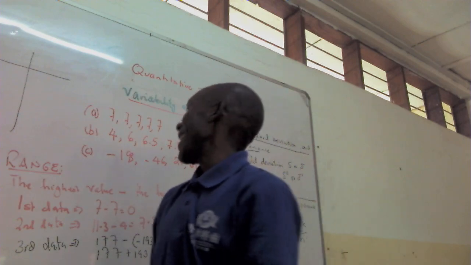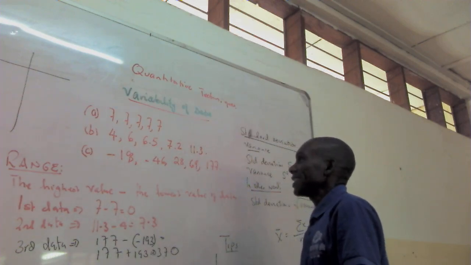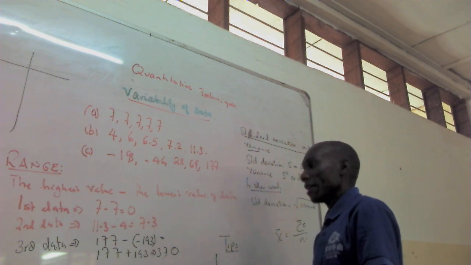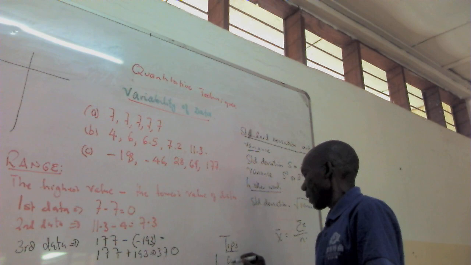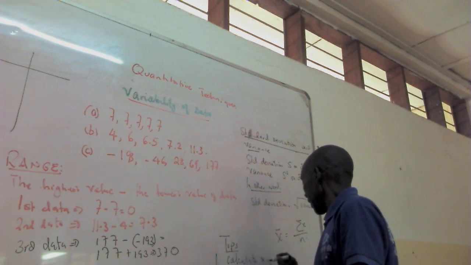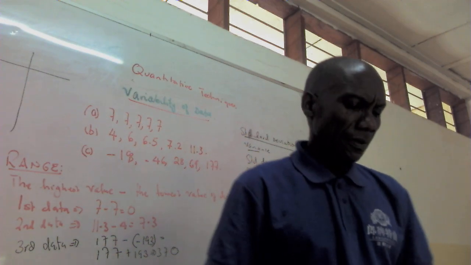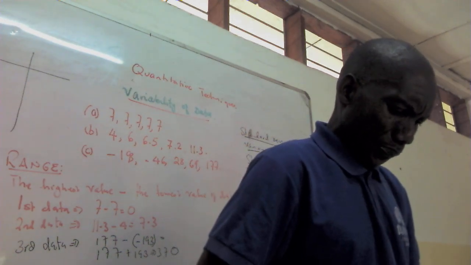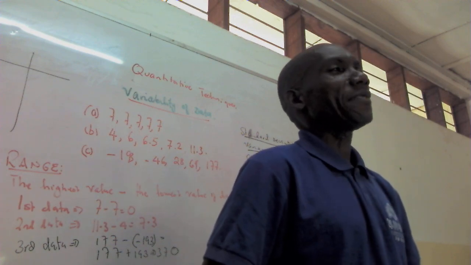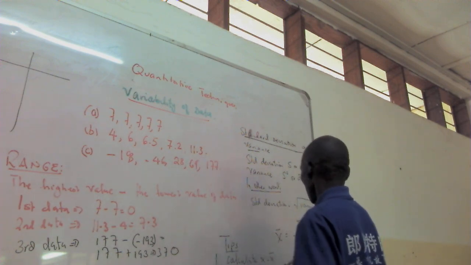For each reading X, calculate X minus X bar. In other words, it's a deviation from the mean.